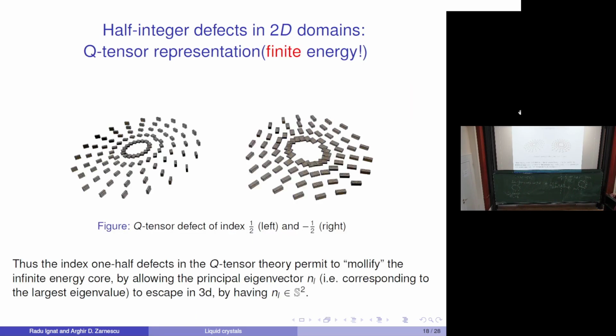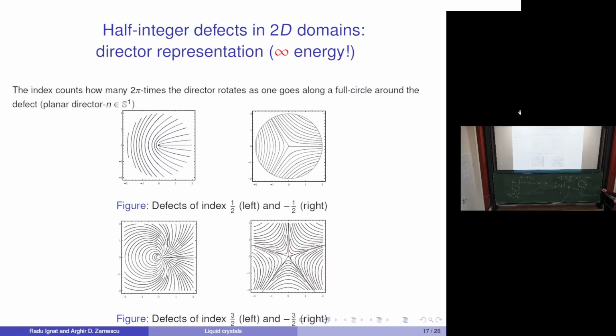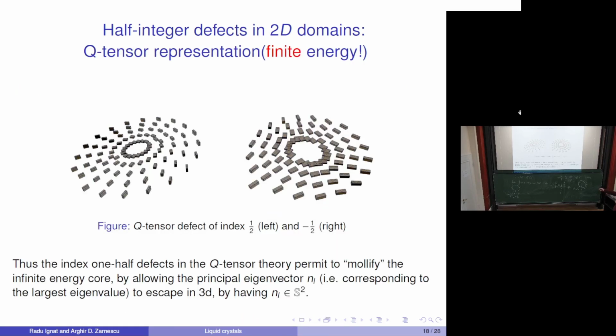So, this being said, this is a way of having the same story as before, but now with Q-tensor fields. The advantage here is that you won't have a singularity. These are nice things, but they have infinite energy. If you use this kind of representation, you won't have a singularity at the origin.